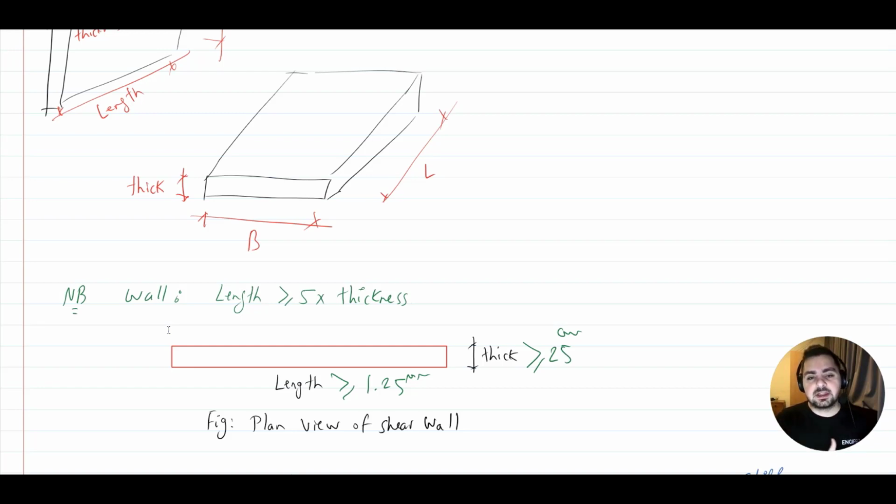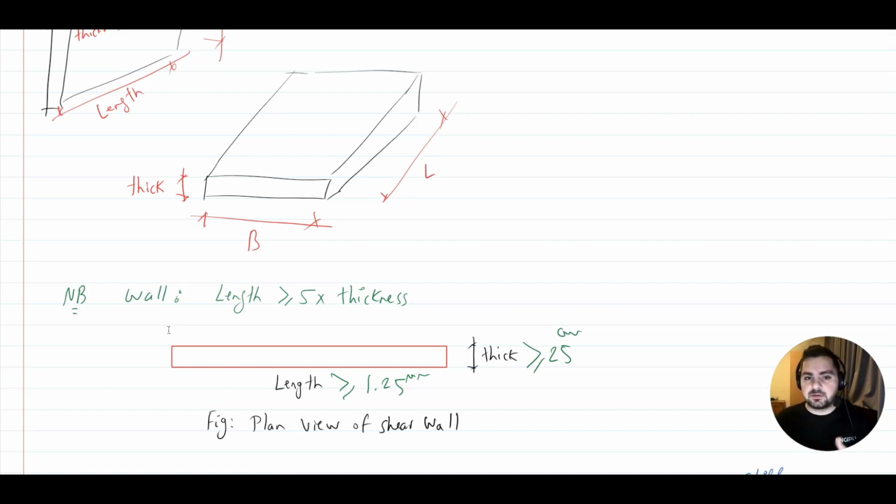So the length is 5 times 25, so the minimum length that we go for is 1.25 meters, or 125 centimeters, and a minimum thickness of 25 centimeters. These are the preliminary dimensions that we can start with for our walls, or shear walls usually. So these are basically the concepts that we need to know before we start with performing our analysis and design for our slab systems.